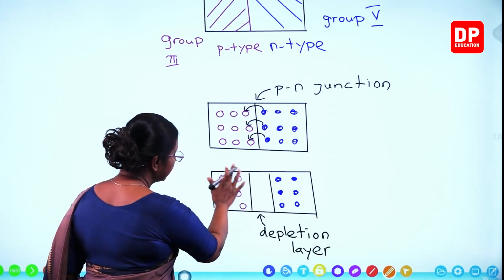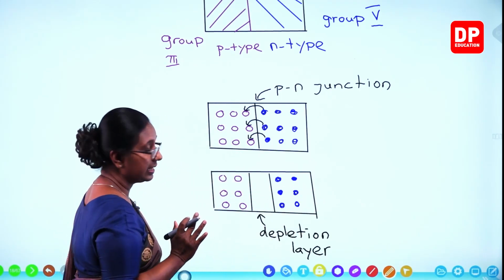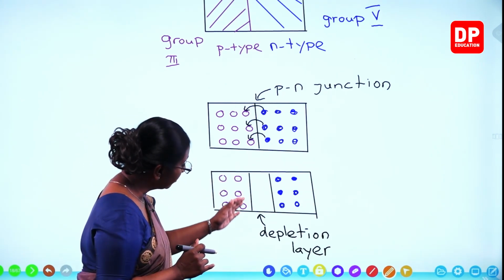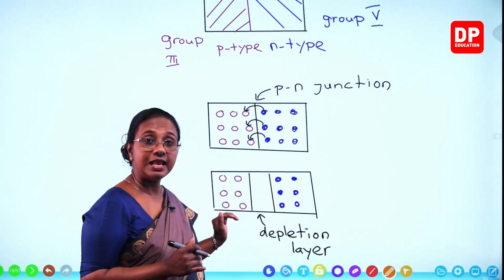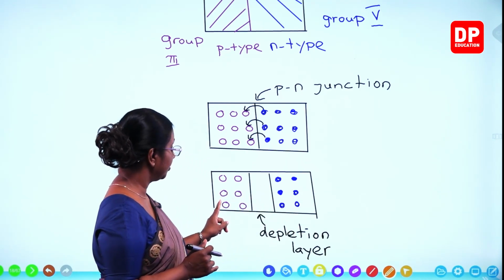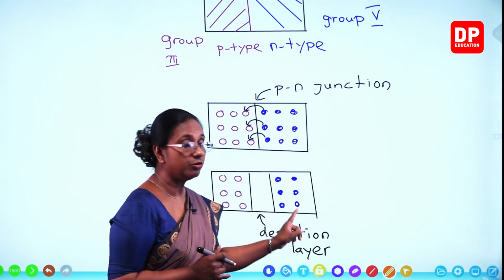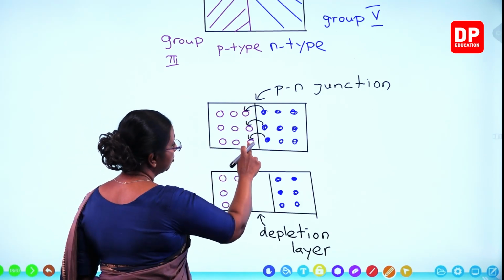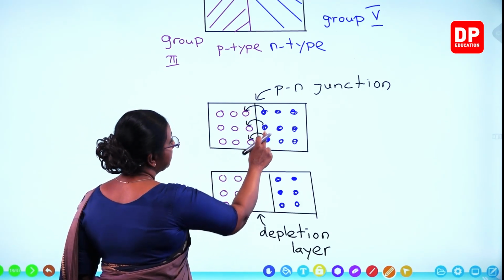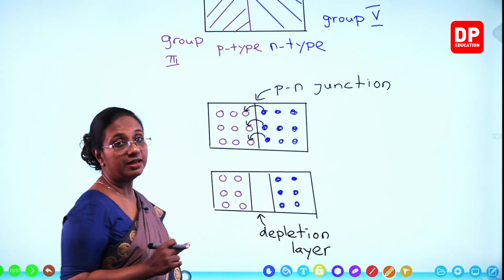So this side we still have the P type, this side we still have the N type. Now this particular depletion layer does not allow the electrons to cross from here to here. The same way the holes cannot cross from here to here. Why? Because here there were holes, positive charges. But the electrons moved here and combined with the holes.